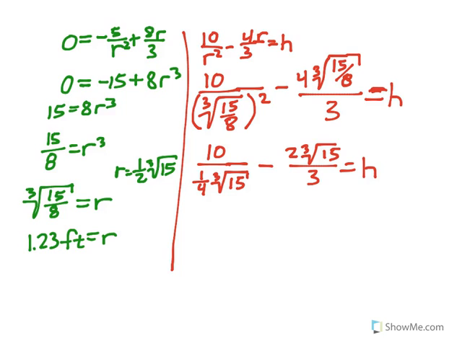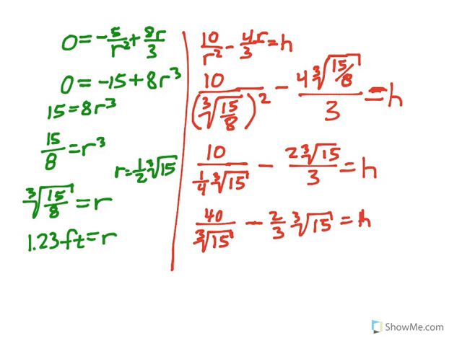And let's see, simplify the compound fraction over here. So we got 40 over the cubic root of 15, minus 2/3 times the cubic root of 15 is equal to h.